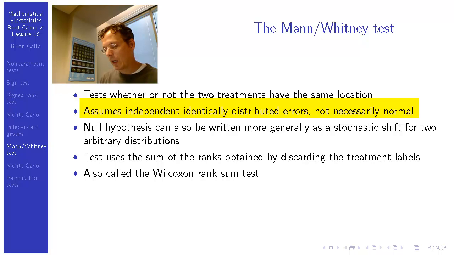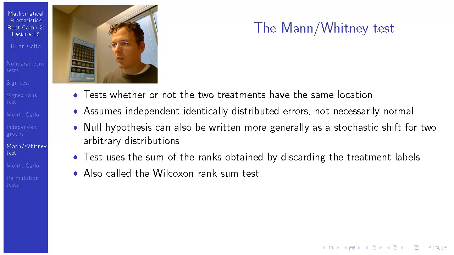So there's a difference between the errors being normally distributed versus the measurements being normally distributed. That's one way to write out the assumptions. Another way is to view this as a test of a distributional shift, that the distribution for method B is uniformly shifted relative to that of distribution A. And that's called a stochastic shift for the two arbitrary distributions.